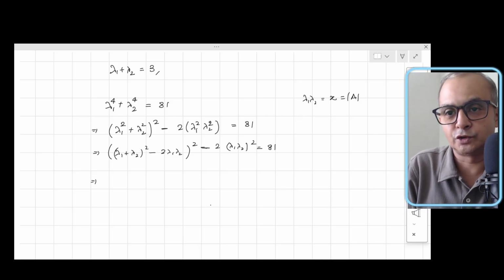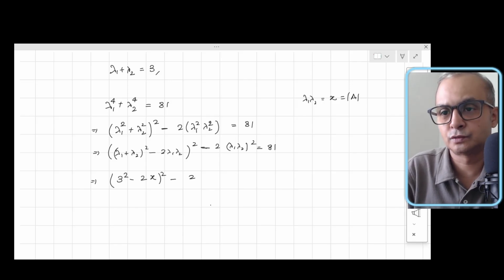So this is 3 square, that is 9, minus 2x, the whole square, minus 2x square is equal to 81.